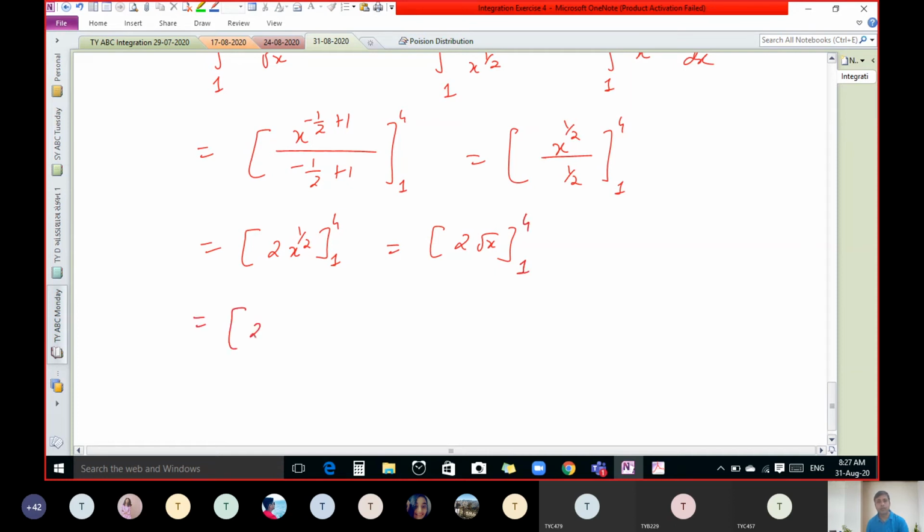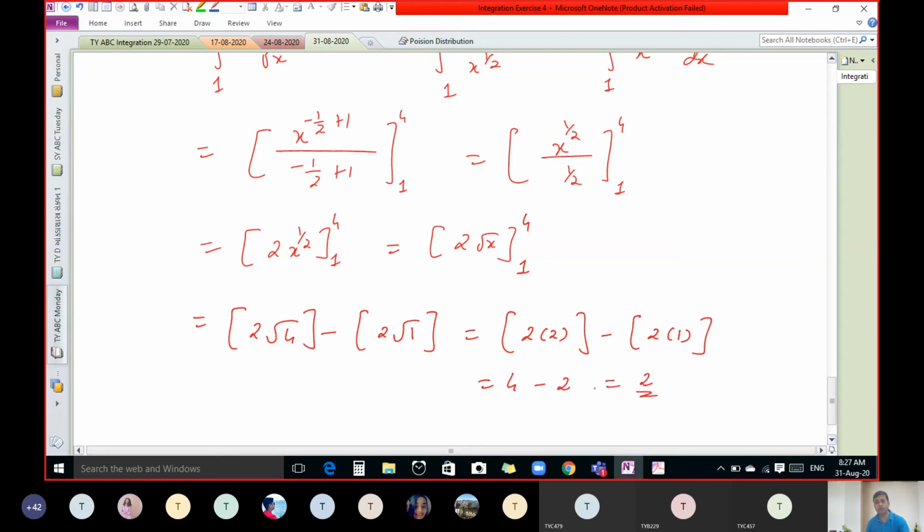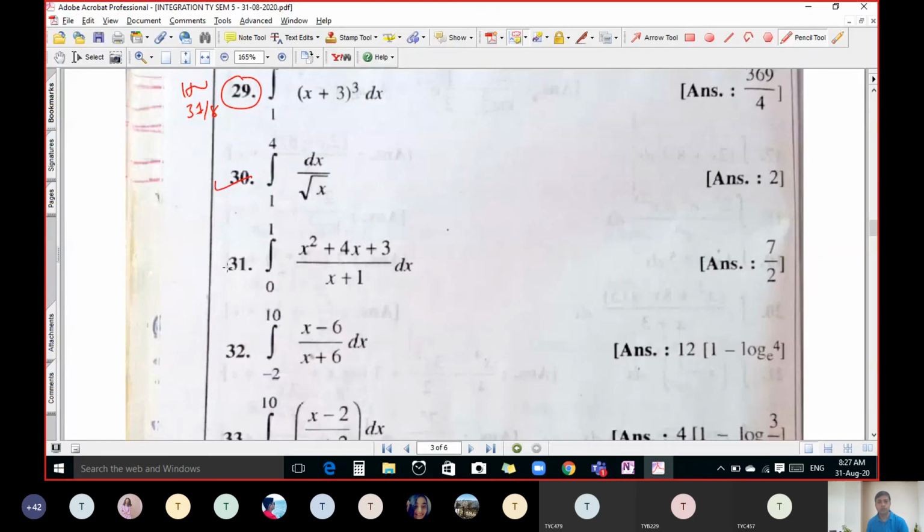Here put x equal to 4. So root 4 minus 2 into root 1. So root 4 is 2. Root 1 is 1. So this is 4 minus 2. The final answer is 2. So for question number 13, the final answer is 2.